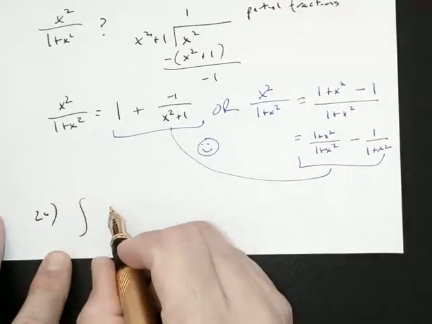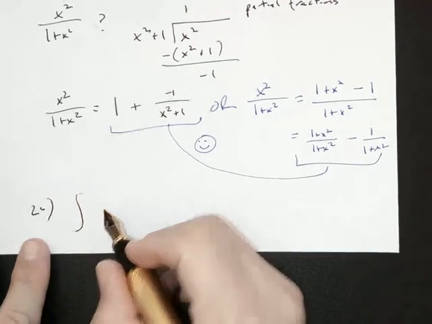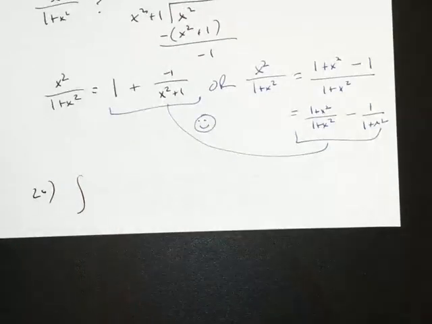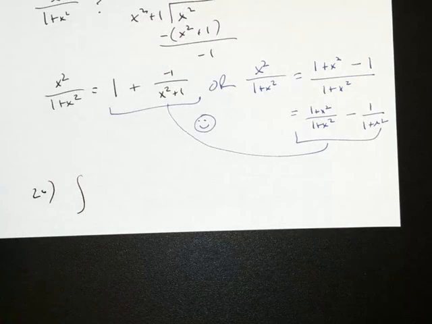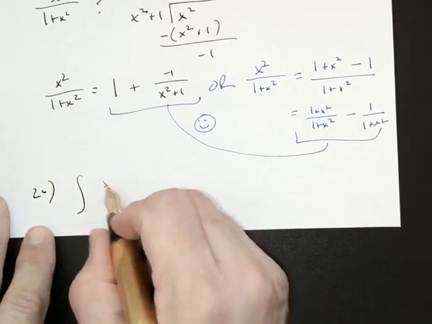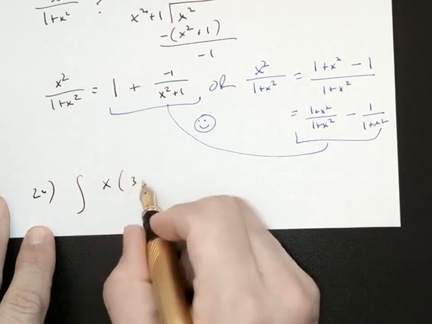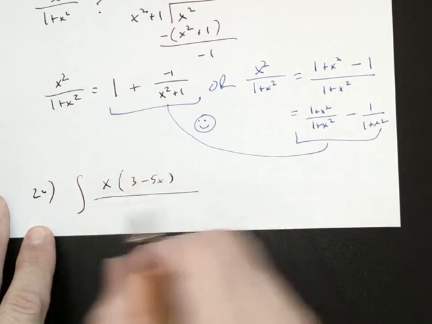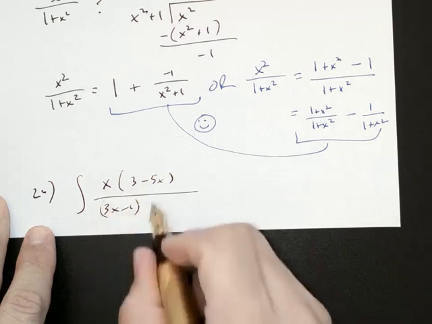It's the integral of x times 3 minus 5x over 3x minus 1 times x minus 1 squared, from 2 to 3.